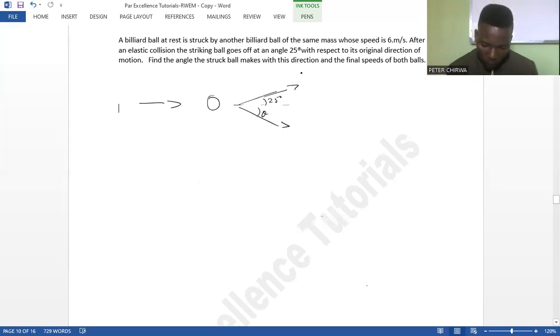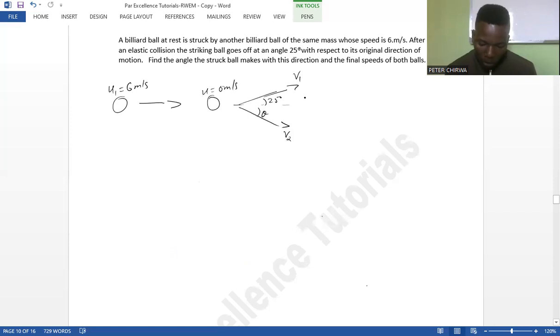This ball was moving with an initial speed of 6 meters per second, and this one 0 meters per second. This one moves with that velocity at that angle, and this one moves at that velocity.